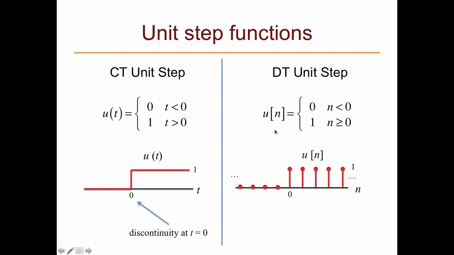In the discrete time domain, we have u[n], which equals 0 when n is less than 0 and equals 1 when n is more than or equal to 0. Meaning that if n is less than 0, then the values of u[n] are all 0. But at n equals 0 and so on, the value of u[n] is 1.